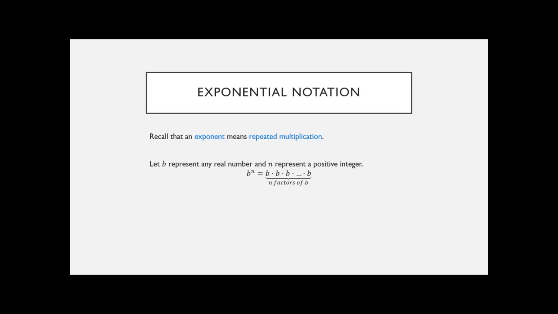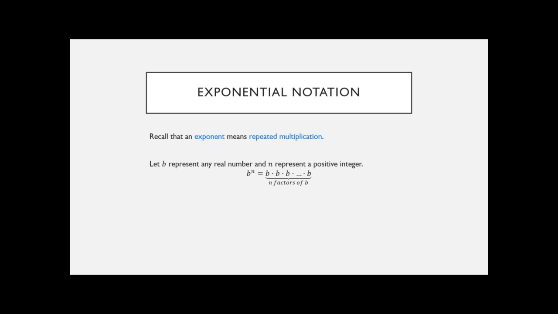So we haven't really done much with exponents since week 1 when we had order of operations. So an exponent is basically repeated multiplication. So if you have some number b and then it has an exponent n, you're multiplying b by itself n times.